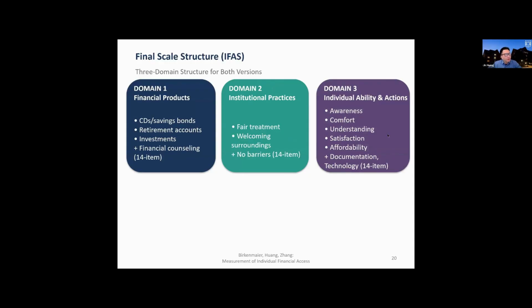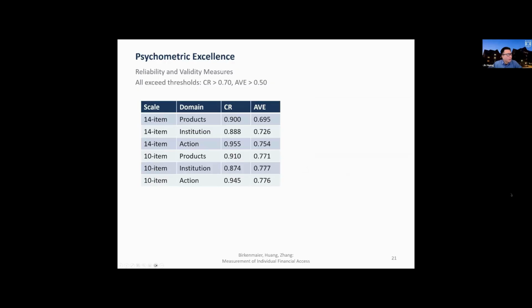And for domain 3, we have 5 items about awareness, comfort, understanding, satisfaction, and affordability. So those 10 items are the measure we created for clinical and community use, and you can add 4 more items for research purposes. And here you can see the reliability and validity measures for these 2 versions.